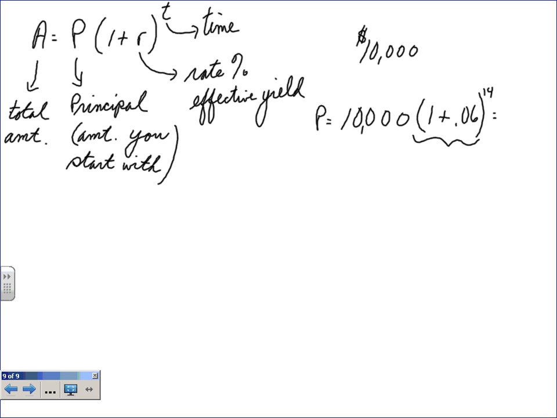You're not going to make another 600. You're going to make 6% of 10,600. So you're getting interest now on your interest. That's what compound interest means. All right, so this is compounded every year. You're going to have $22,609.04. And that's compounded every year or annually.